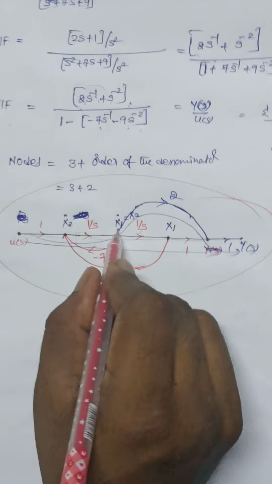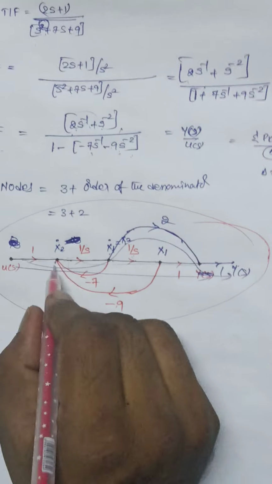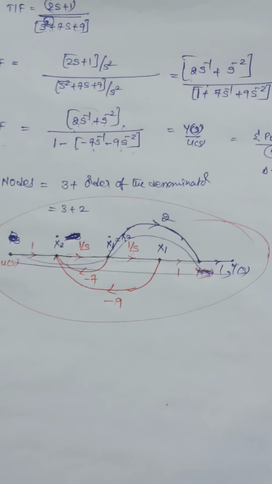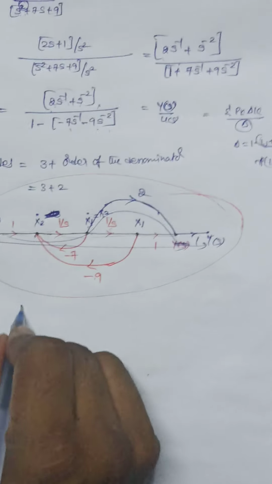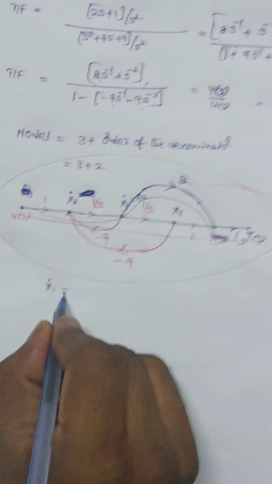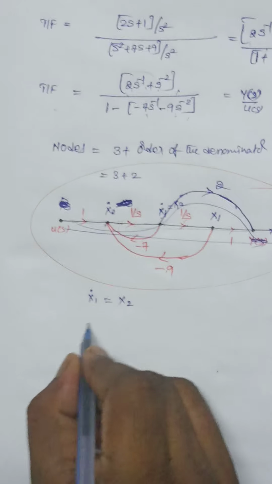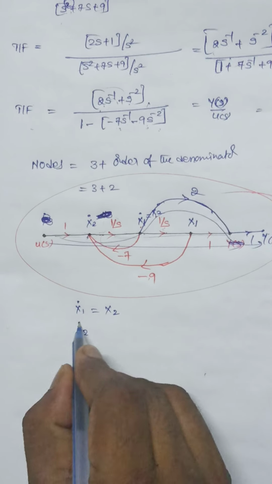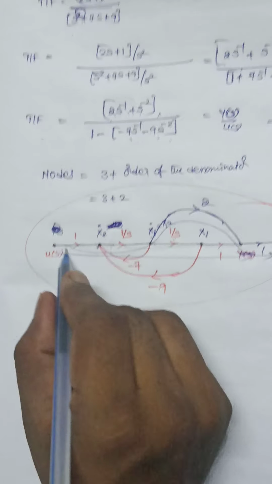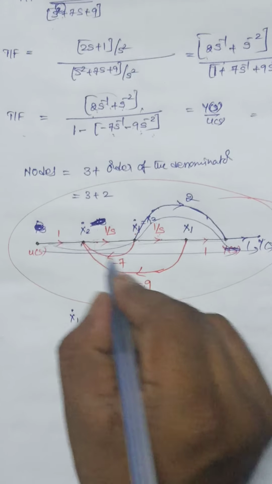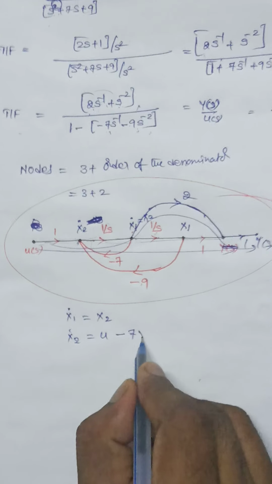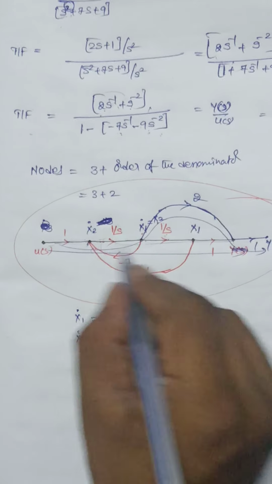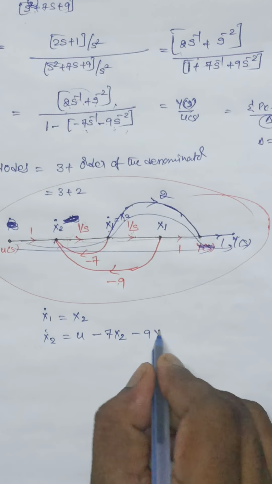Now x1 dot is equal to x2. Now you form the state space model: x1 dot is equal to x2, and x2 dot is equal to u minus 7x2 minus 9x1.